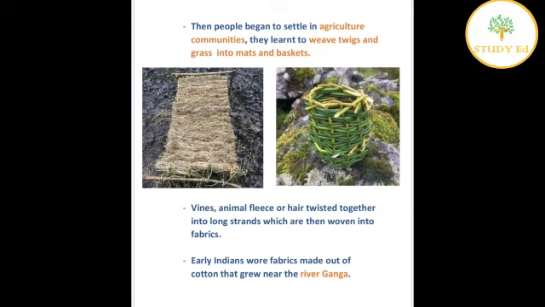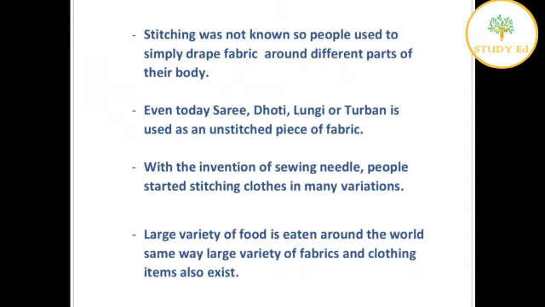Veins, animal fleece or hair were twisted together to form a long strand, and those strands would be woven into fabrics. And in early India, people started to wear fabrics which were made out of cotton, which was grown near the river Ganga. As stitching was not known, people used to simply drape fabrics around different parts of their body. Isn't it amazing that even today, sari, dhoti, lungi or turban is used as an unstitched piece of fabric?